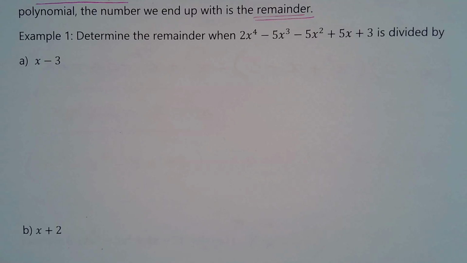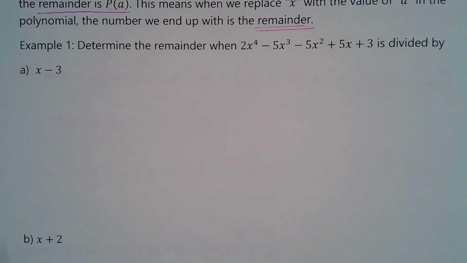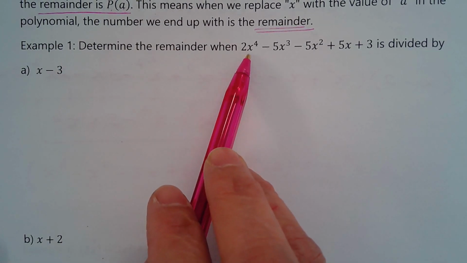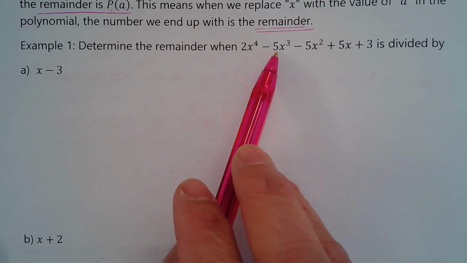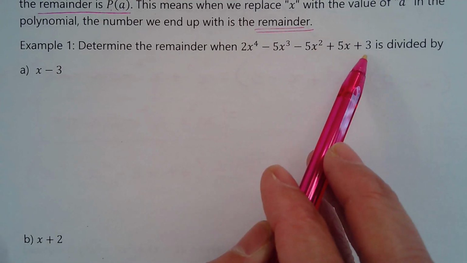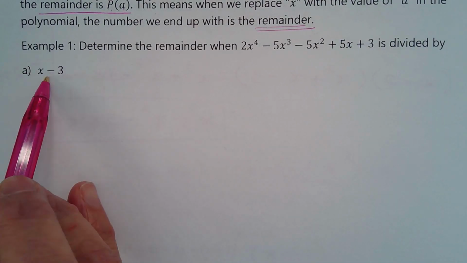Okay, so that's why it's called the remainder theorem. So let's take a look at example number 1. Determine the remainder when 2x to the fourth minus 5x cubed minus 5x squared plus 5x plus 3 is divided by x minus 3.